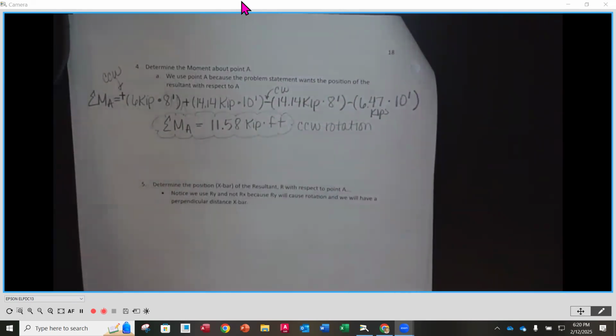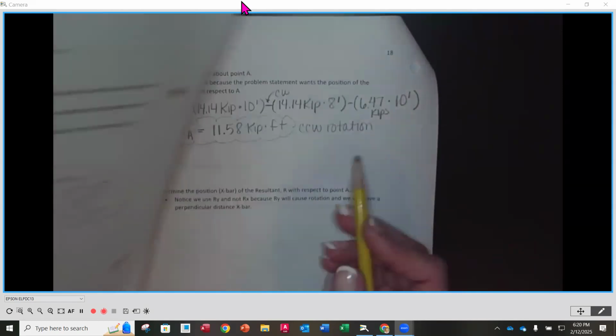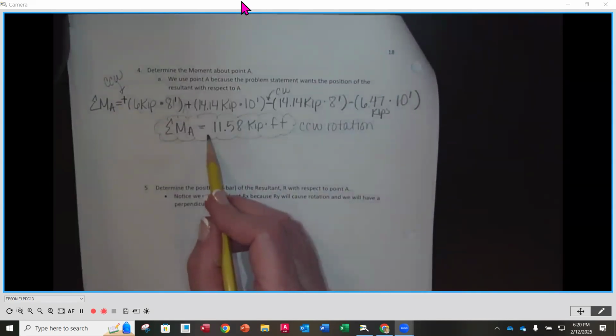Now I added on here, I said, oh, that's a counterclockwise direction. How do I know that? How do I know that that's counterclockwise? What's my clue? My convention, right? I ended up with a positive value here, right?